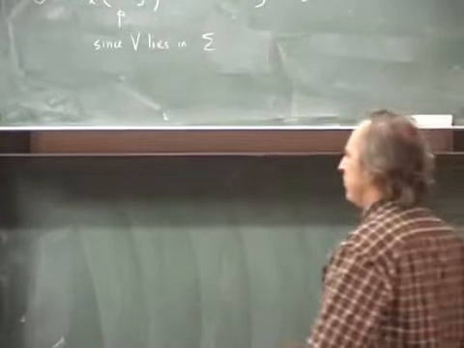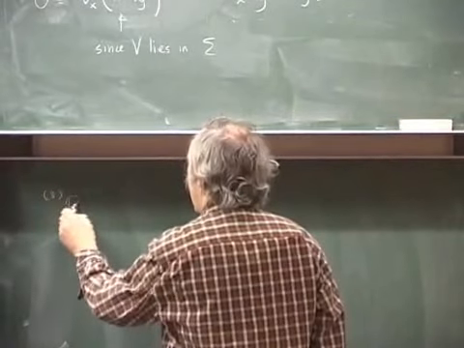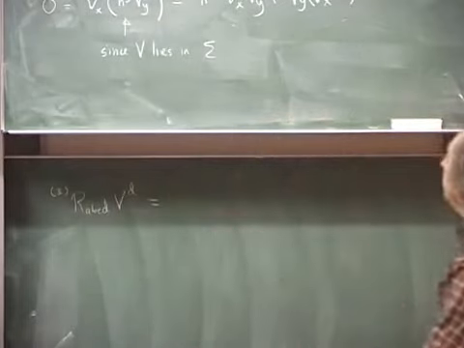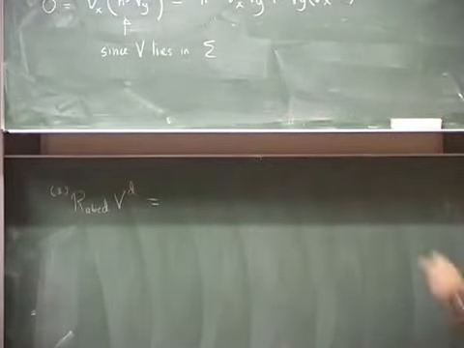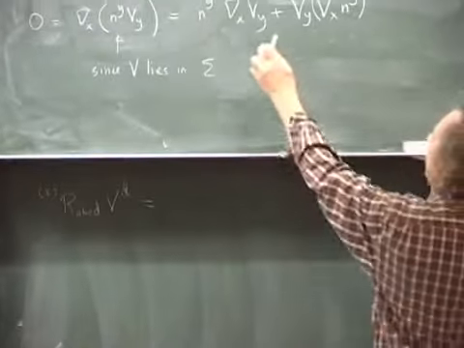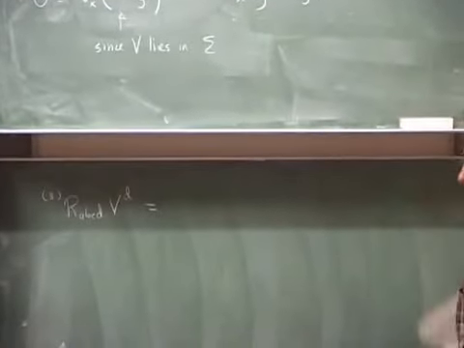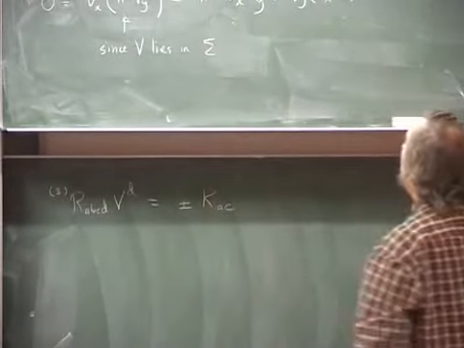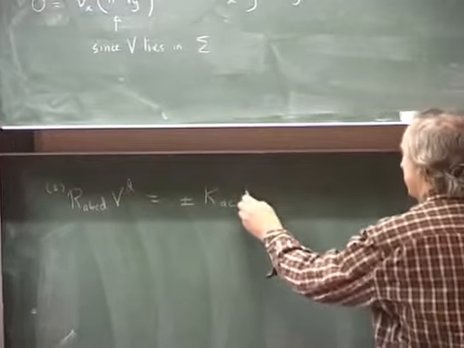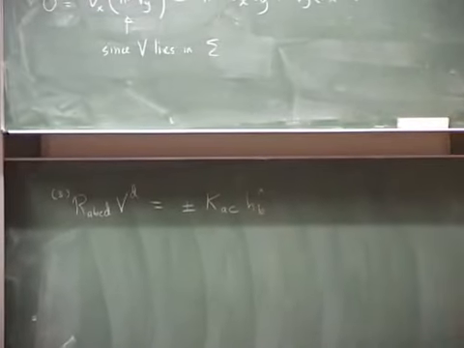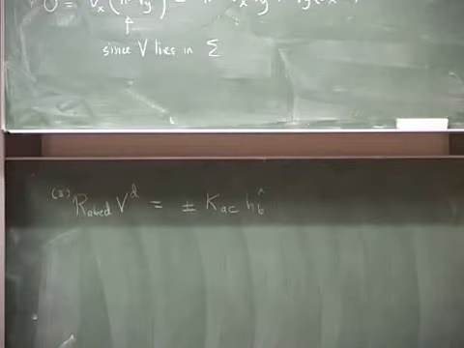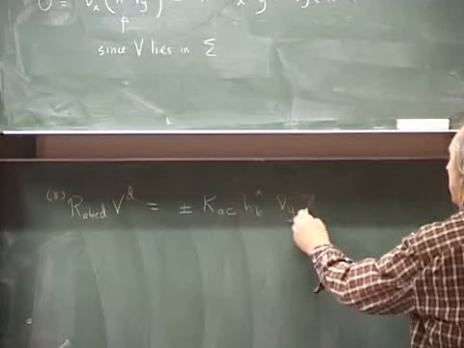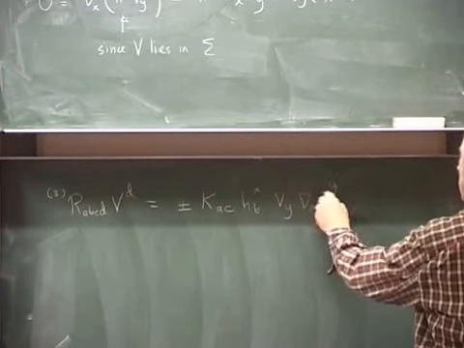So what you get is that 3R_abcd v^d is equal to. Well, since this is 0, that thing is minus that thing, so you end up with plus or minus K_ac h_b^x, and then you have n_y del_x v^y turns itself into a v^y del_x n_y.